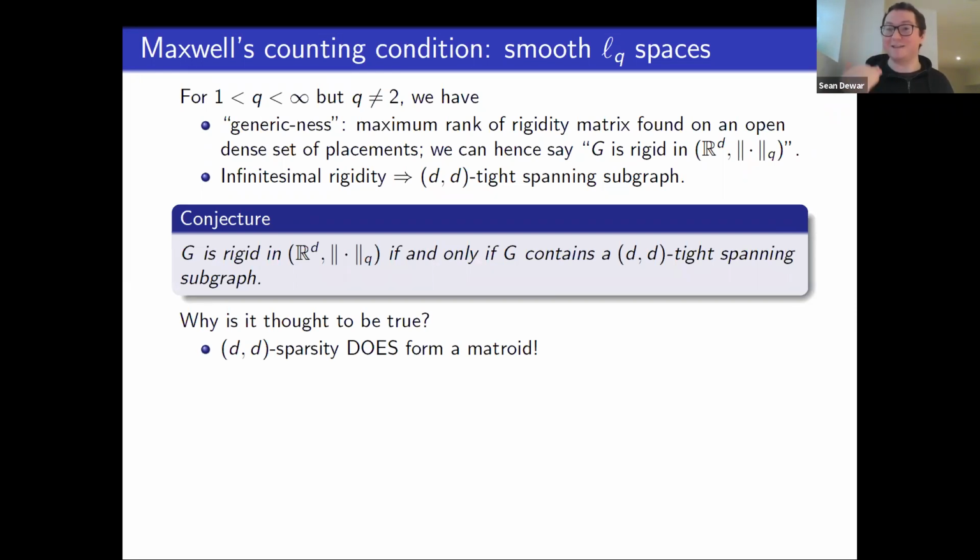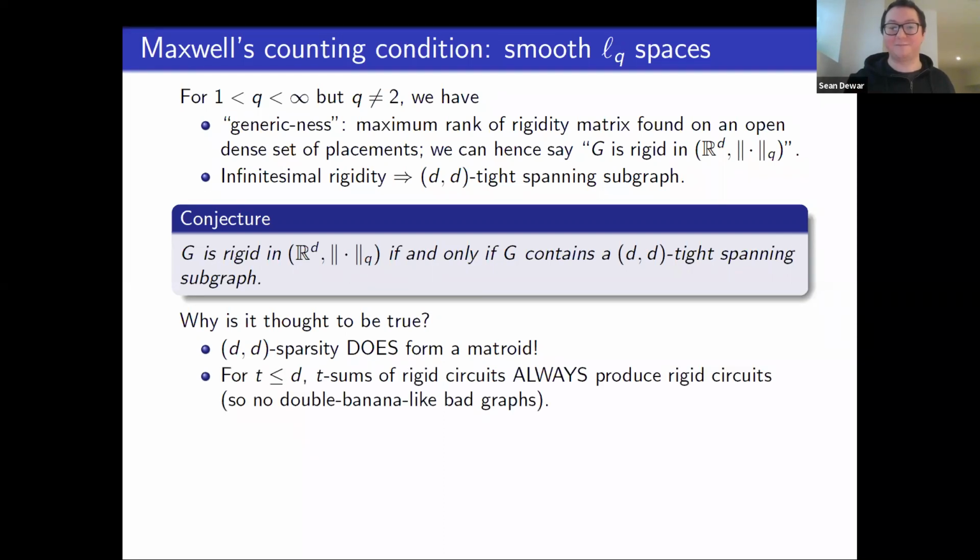Because of this, t-sums, where you take 2 graphs with t vertices, glue them at the vertices, and remove one edge from the intersection, will always produce rigid circuits if you start with rigid circuits. So we can't have the problems that we get in the Euclidean case, like the double banana, where we take 2 K5s, which are rigid circuits, glue at an edge, remove the edge, and get something that's flexible.